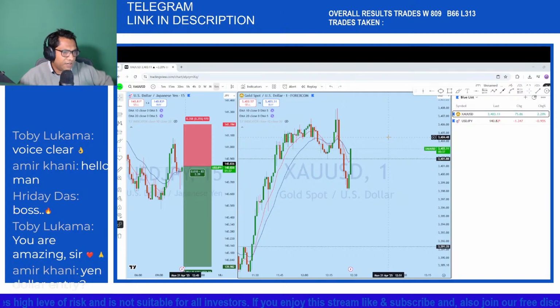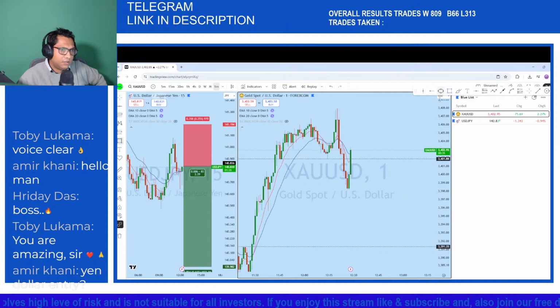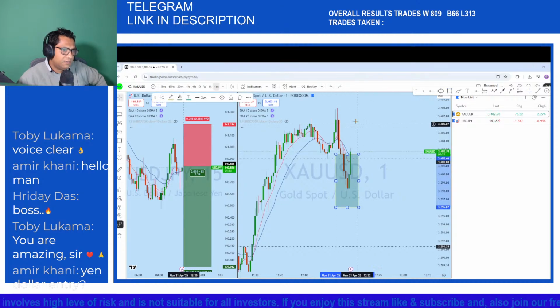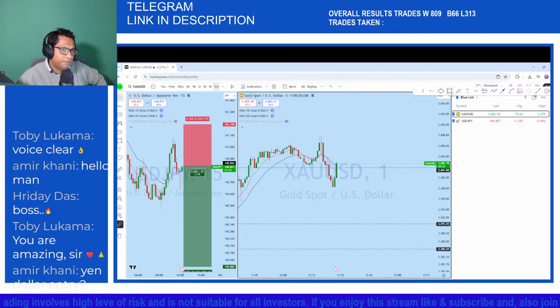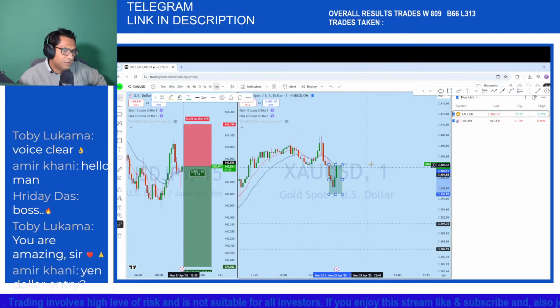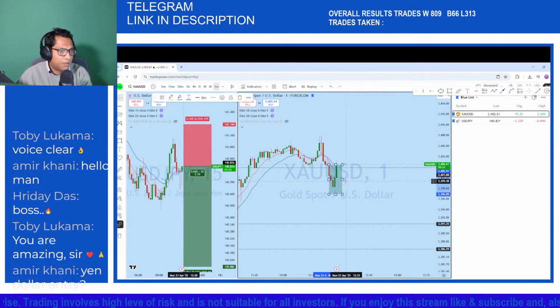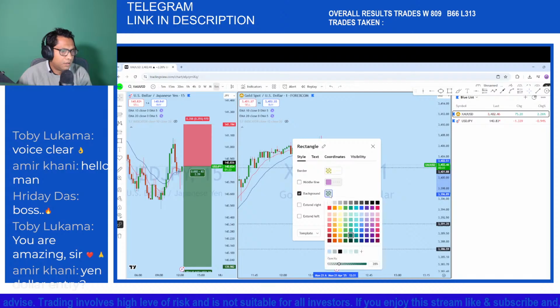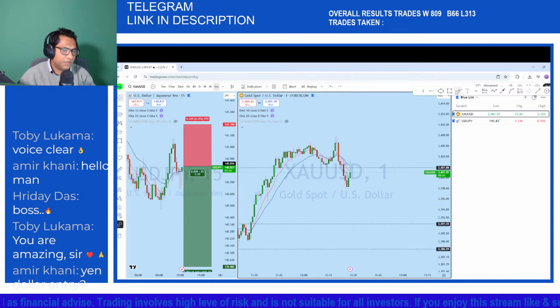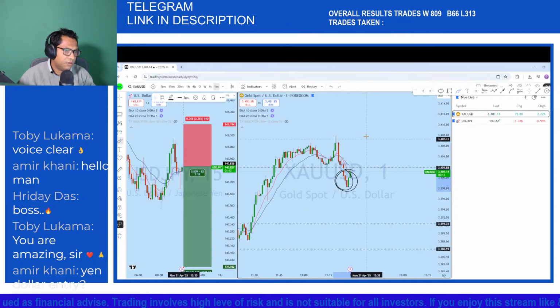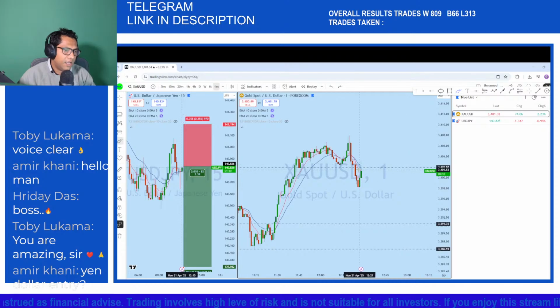So you can see here is a leg where the market started to break to the upside in that area. And with that leg, if you look here, you can see this is a zone where there is liquidity, expecting it to break back to the upside.